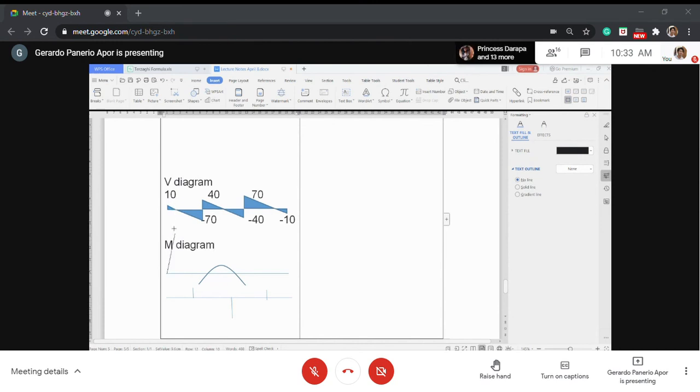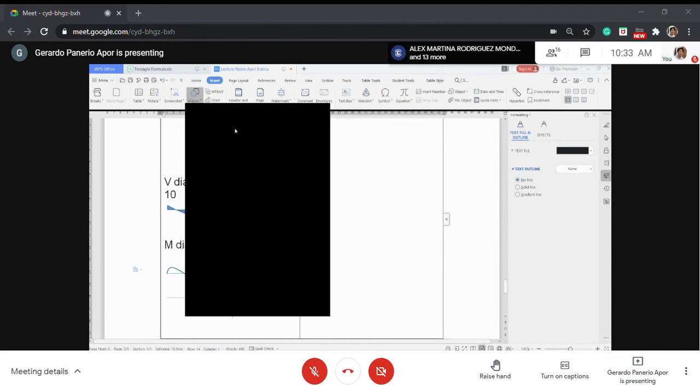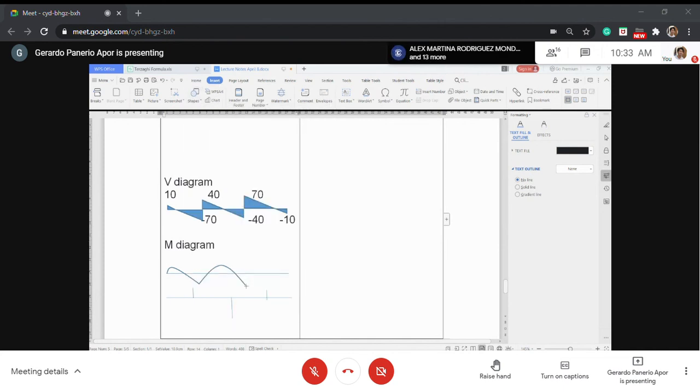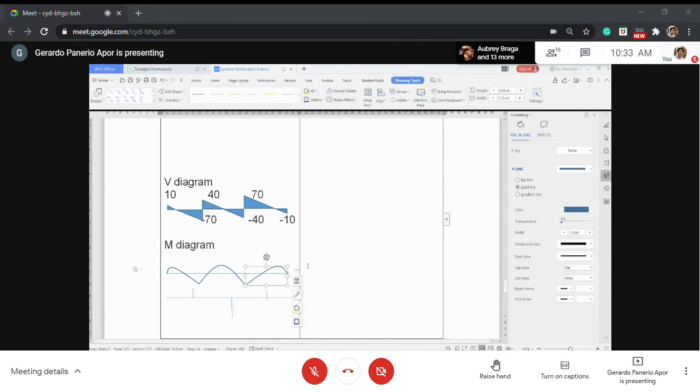You have maximum moment somewhere here. The second is you have a moment diagram that looks like this. Maximum here, maximum somewhere here. Okay, that's it.